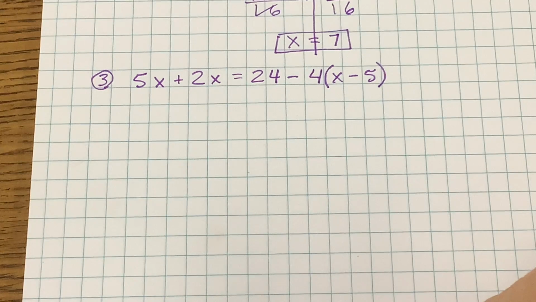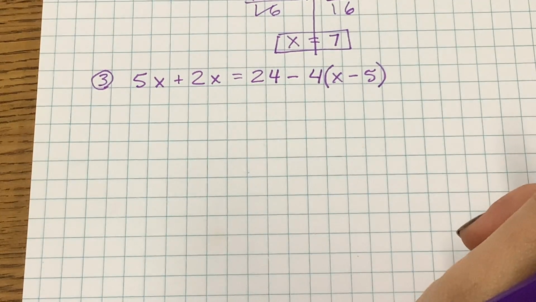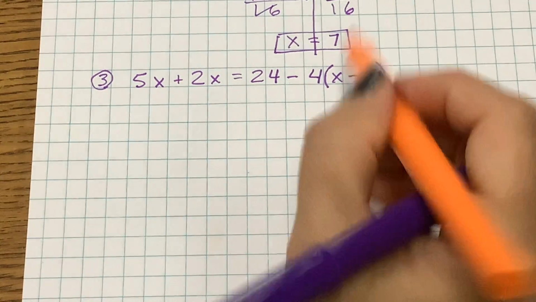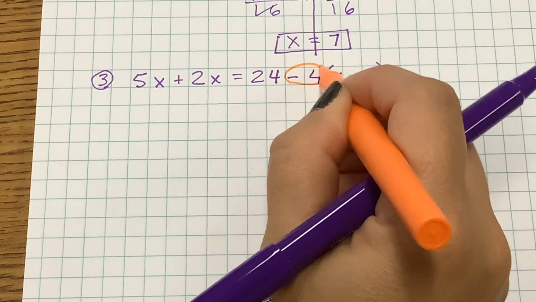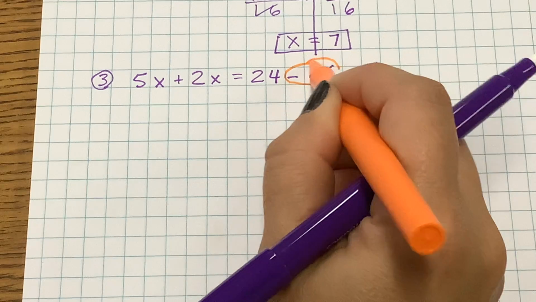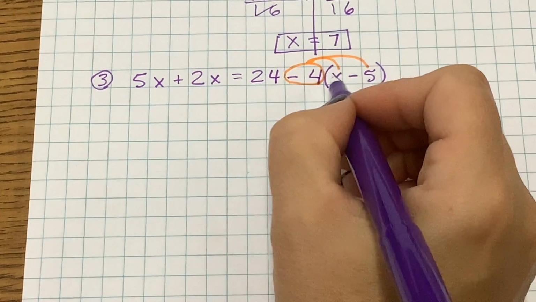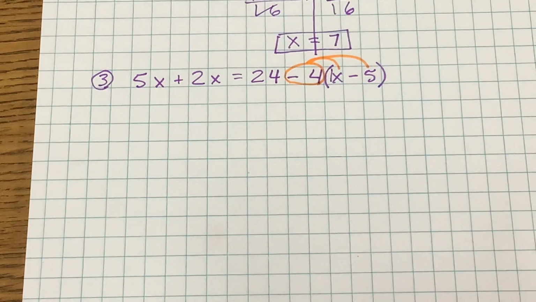A lot of things are happening in this problem, but the first thing that we should look for is parentheses. Do we have those? Yes. So our factor is -4. So multiply that times x and times -5. Now that x has an understood 1.